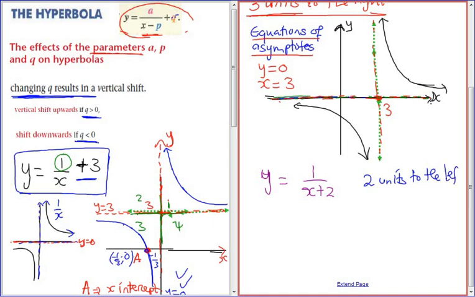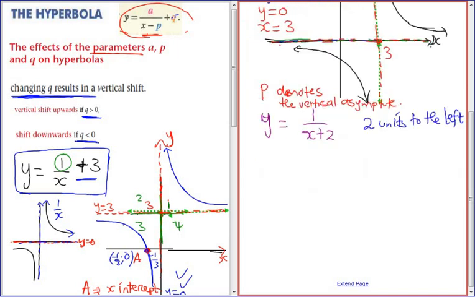And I would like you to appreciate the fact that P represents the vertical asymptotes. And Q, if you remember, Q represents the horizontal asymptote. So those are the key things to keep in mind as we go on with these graphs.